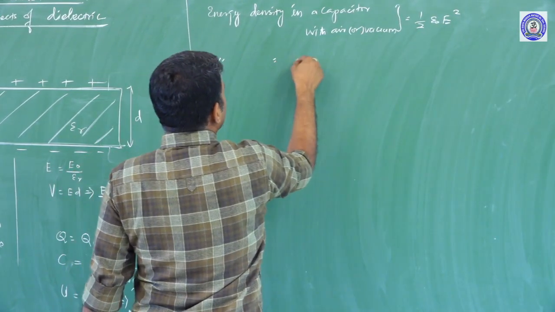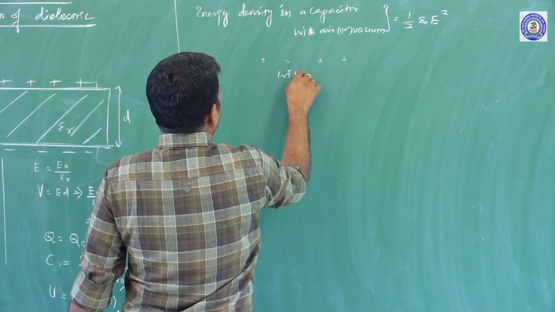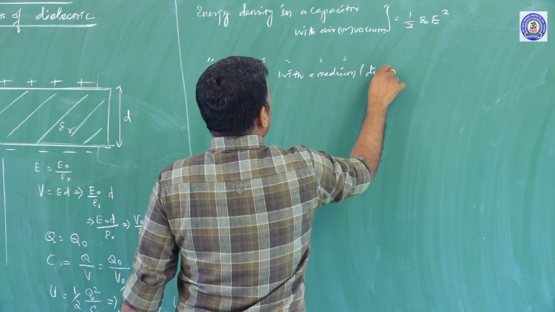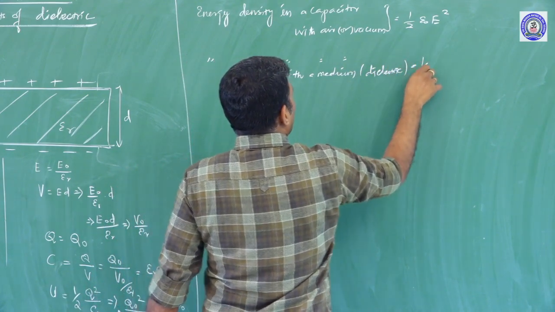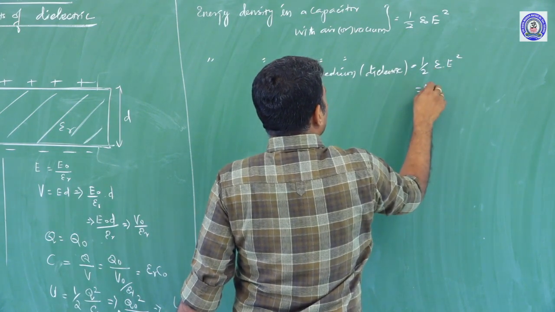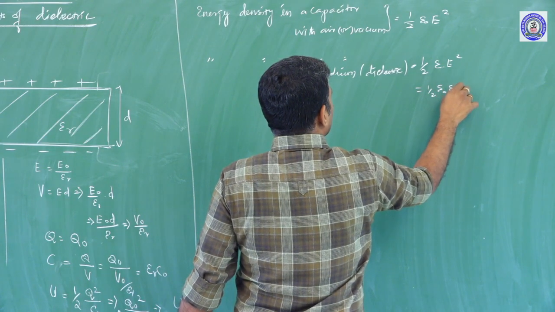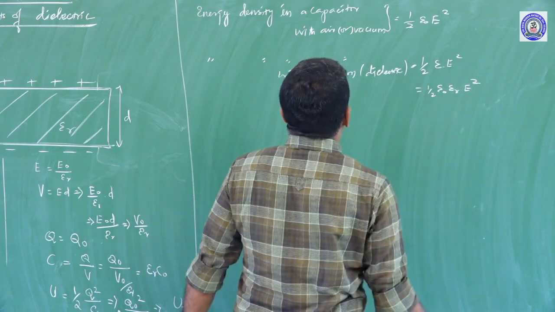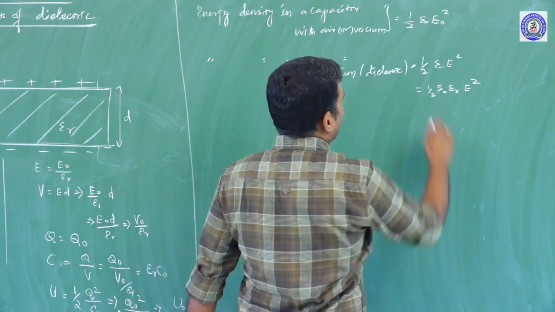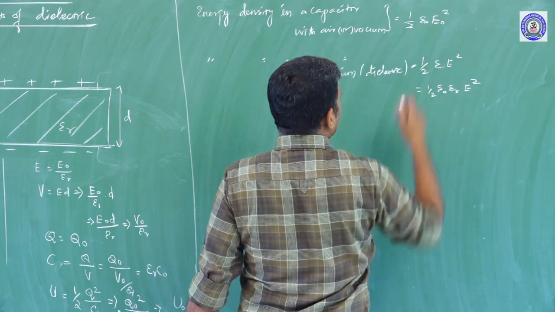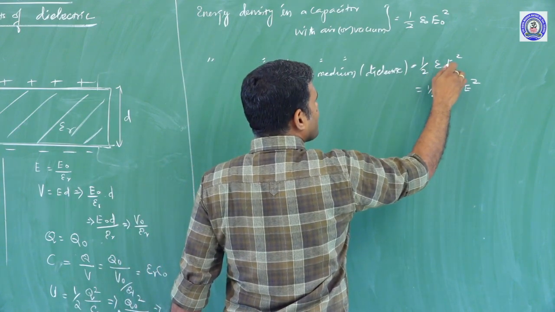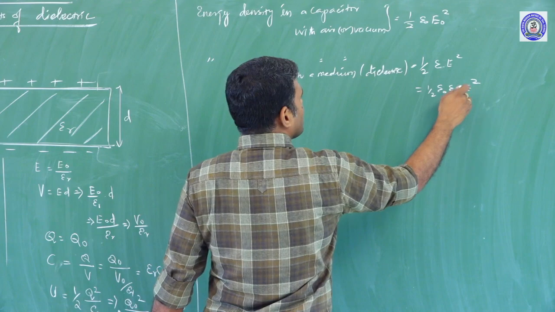The same energy density in a capacitor with a medium, say a dielectric, is half epsilon naught epsilon r E square. Without the dielectric, the electric field is E naught, so I can write this as half epsilon naught E naught square. When you introduce a dielectric, the field changes, so I can write half epsilon naught epsilon r E square.